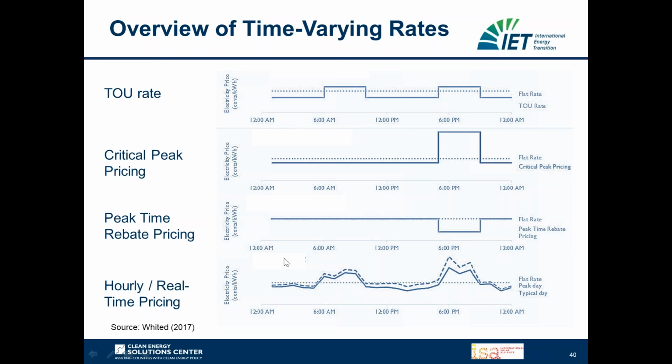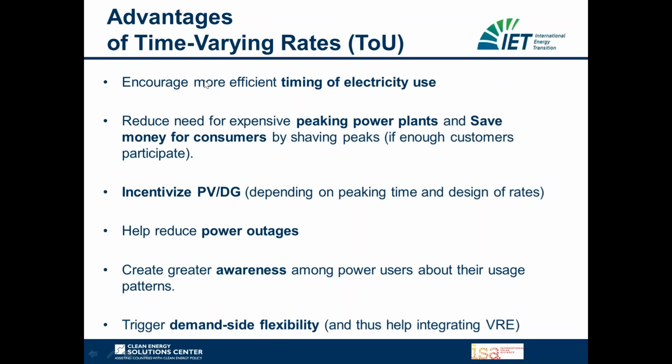So the advantages of these time-of-use rates are that they encourage more efficient timing of electricity use. They reduce the need for expensive peaking power plants, so that customers can save money by shaving the peaks. So the overall system will become less expensive on the one hand, and on the other hand, you also have more financial incentives for installing solar PV or other distributed generation technologies in order to cap your own peak demand during these hours of PV generation, in case they coincide.